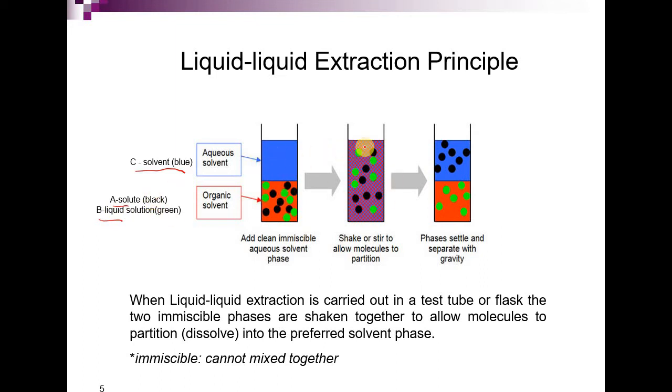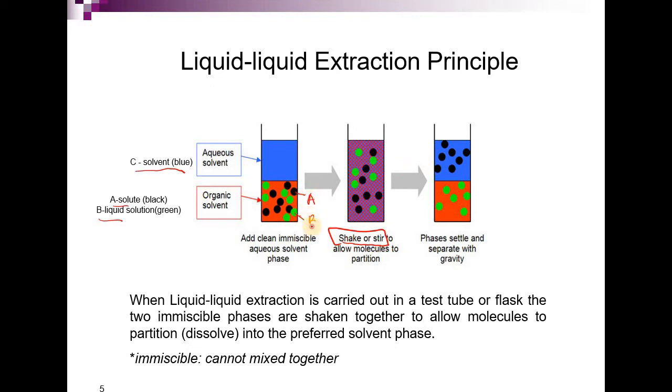So I will do a mixing or stirring, shake or stir, to allow the molecules to partition, to mix together. Okay, so when they mix thoroughly, the solvent will extract the solute A. This is solute A, this is solute B, for example.